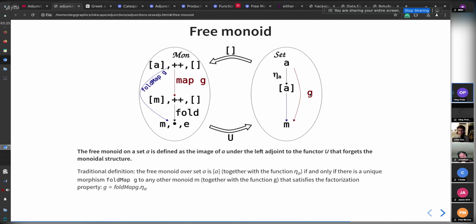Its action on morphisms is a regular map, the Haskell map function, right? Now the interesting part. So C here is a foldMap. You know foldMap from the Foldable type class. So there's foldMap on lists.